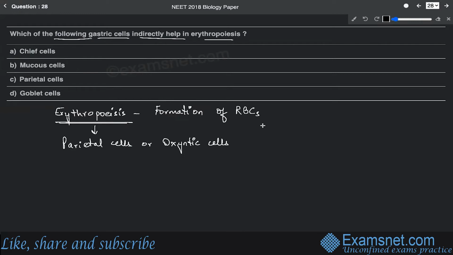All right, so we can say that parietal cells or oxyntic cells is a source of HCl, and along with that intrinsic factors.